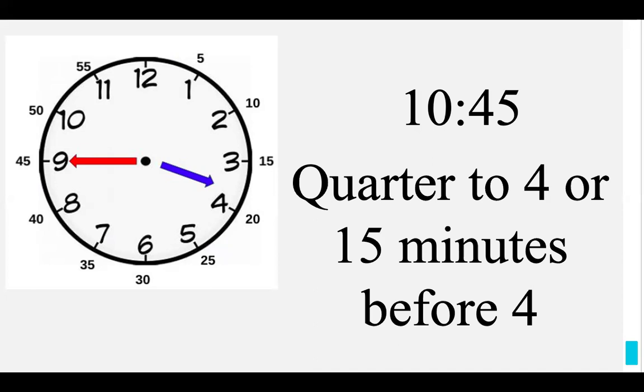So in this case, the long hand has not yet reached the exact time. So it is 15 minutes before 4. They have 15 minutes left before the exact time of 4 o'clock.